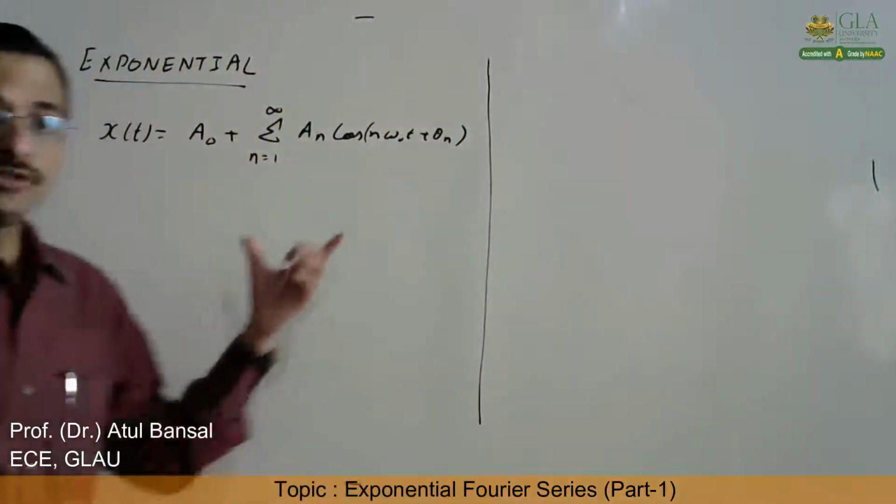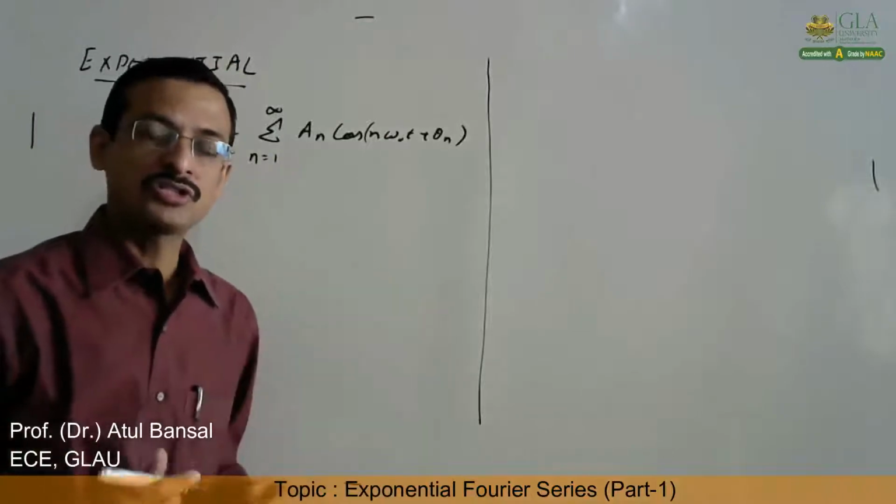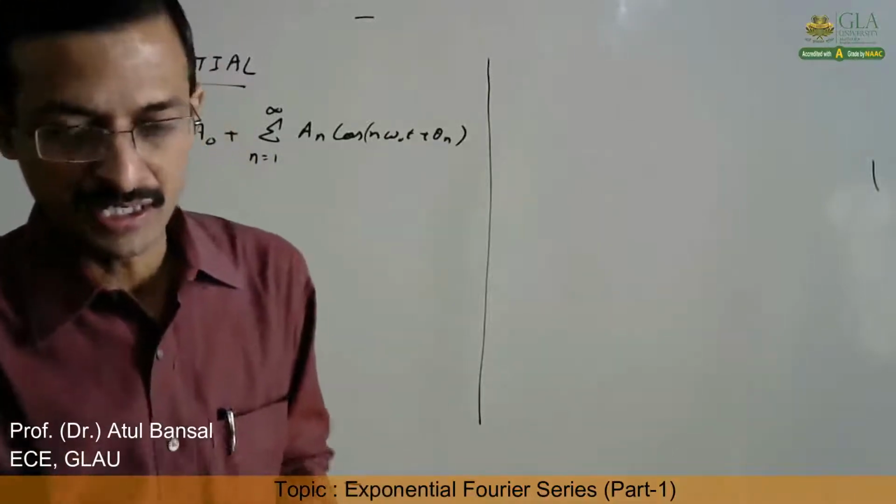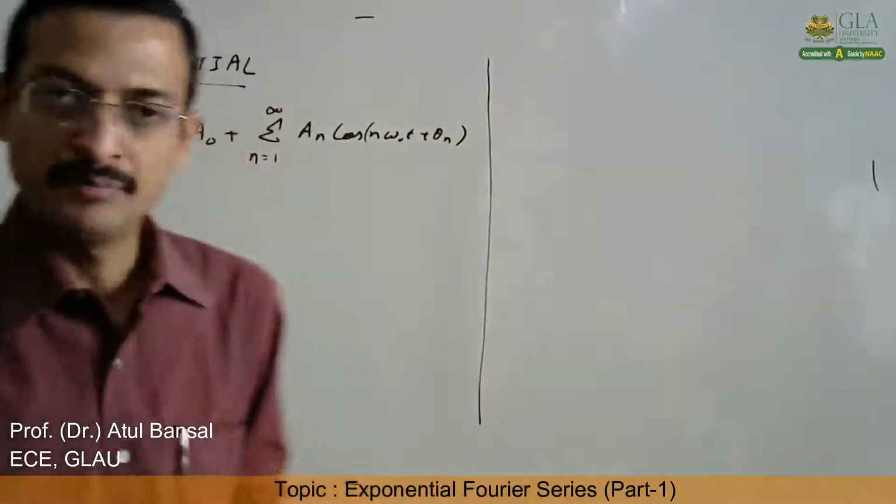Now you know Euler's identity. We know cos theta can be expressed as e raised to power j theta plus e raised to power minus j theta, divided by 2.